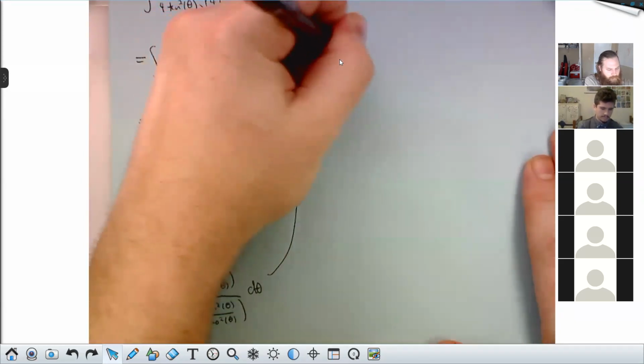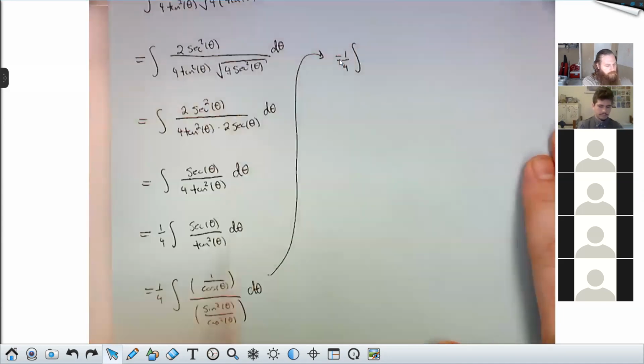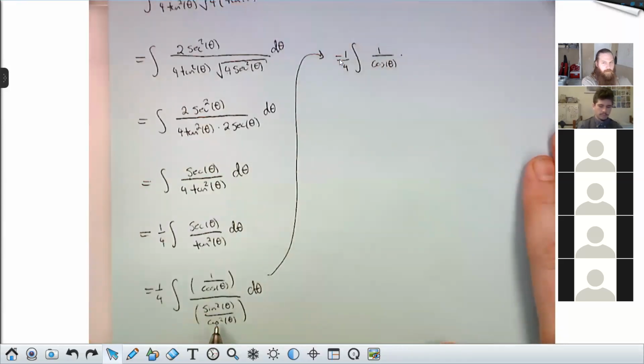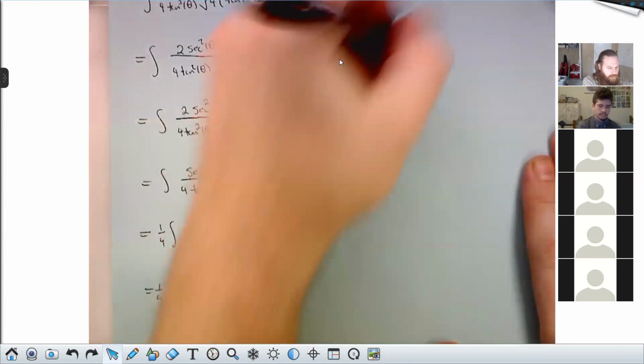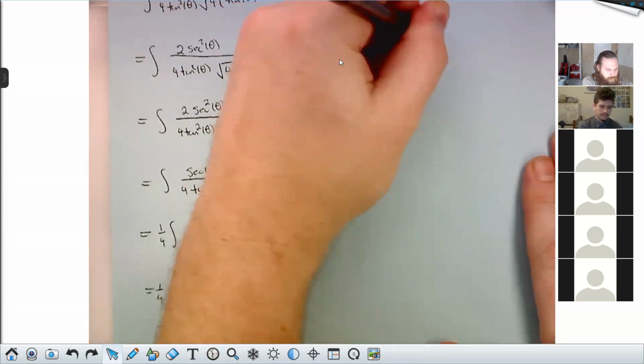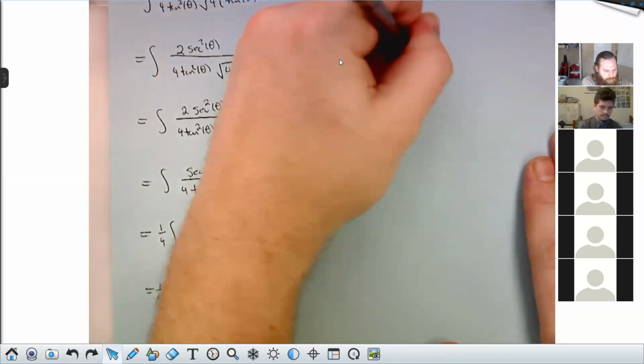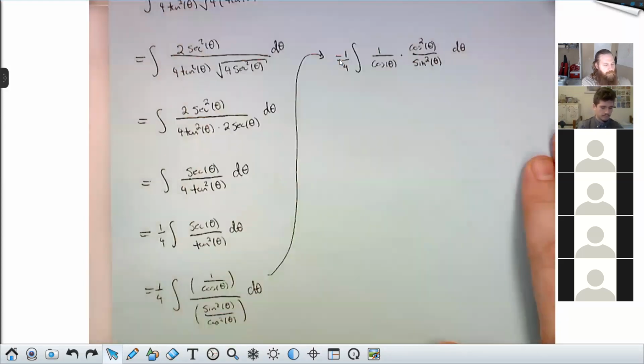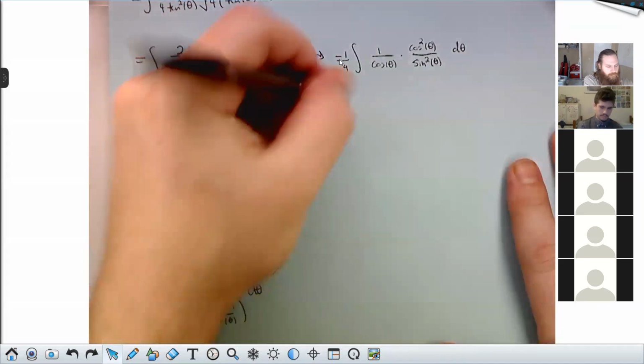The 1 over cos theta upstairs stays, and I multiply by the reciprocal of this, which is cos squared theta over sine squared theta d theta. And you'll see the cosines will interact.